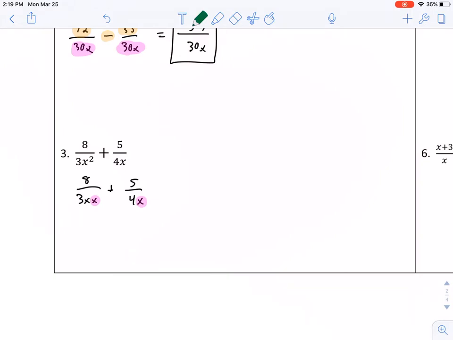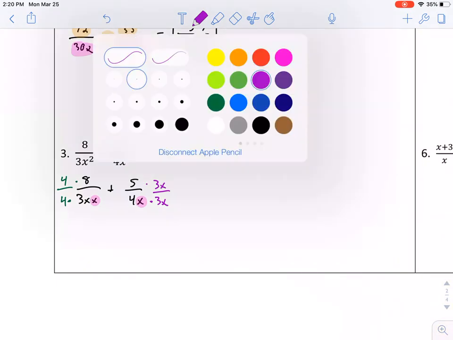Well, we don't have a 4, so that means we must multiply it by 4. All right, and you have to do it top and bottom, special 1. Then on the right side, you've got a 4, but you don't have the 3x, so that means you have to multiply by 3x over 3x. 3x top, 3x on the bottom.